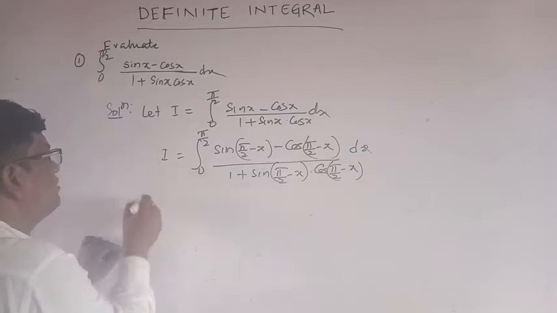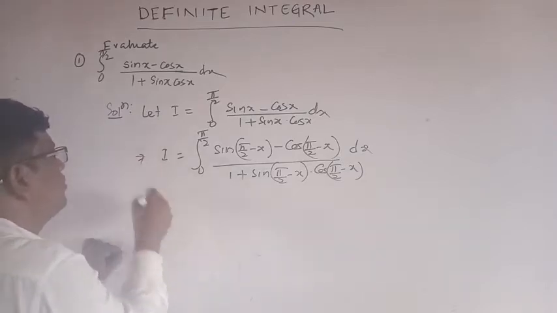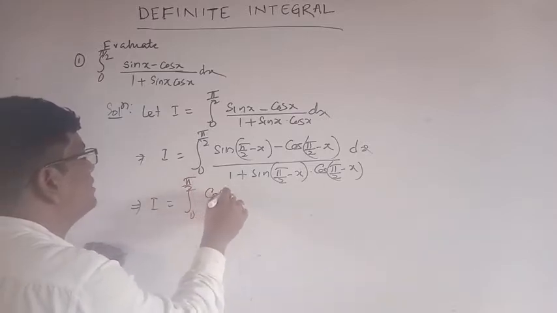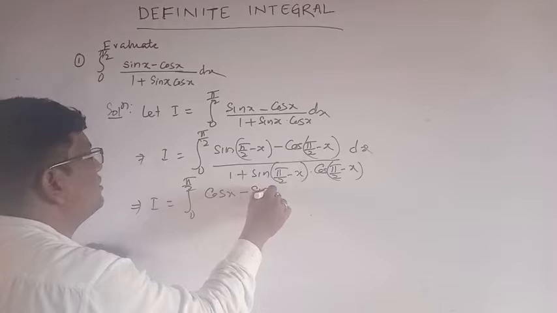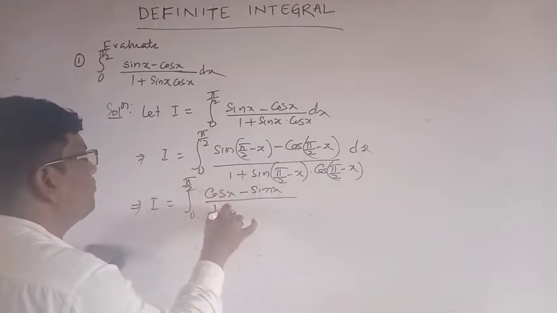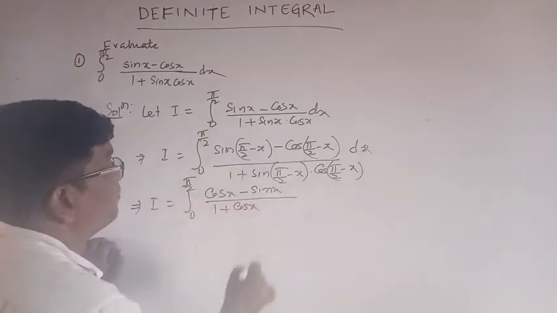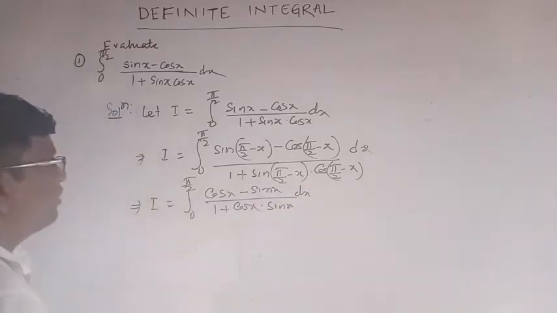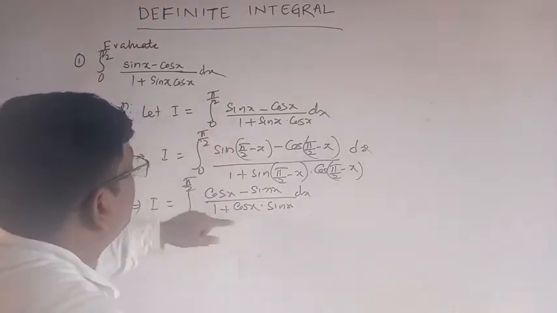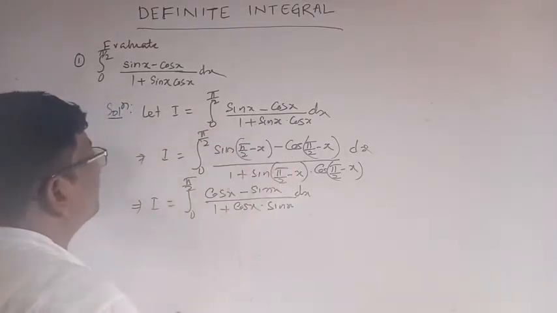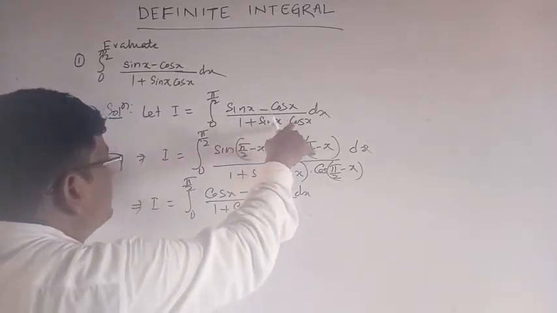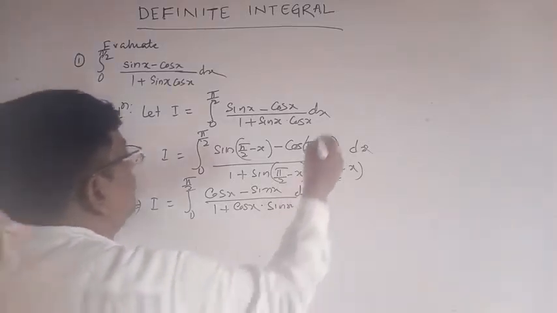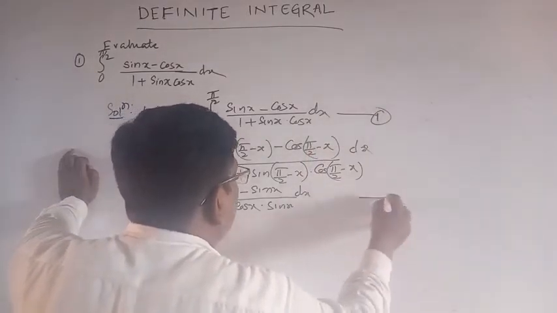That implies I is equal to the integral from 0 to pi by 2 of (cos x minus sin x) divided by (1 plus cos x sin x) dx. Now the denominator is the same, 1 plus sin x cos x. Add equation 1 and equation 2.